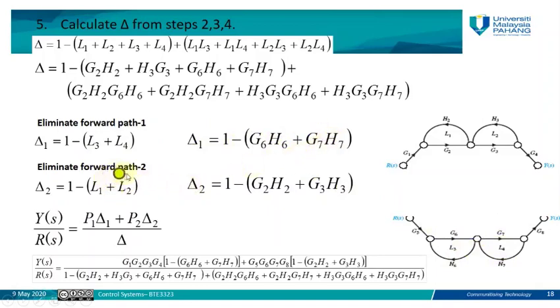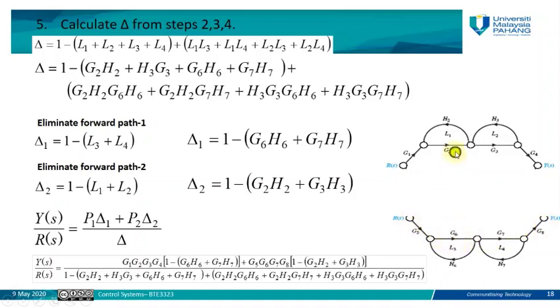Then, in order to find the value of delta 2, we eliminate forward path number 2 here and find which loops are non-touching with it. This is forward path number 2, starting from R(s), going G5, G6, G7, G8 and again to Y(s). What are the loops which are non-touching with this forward path?